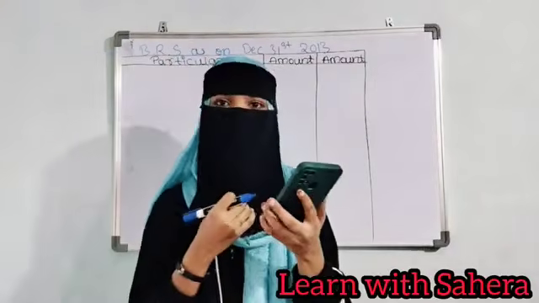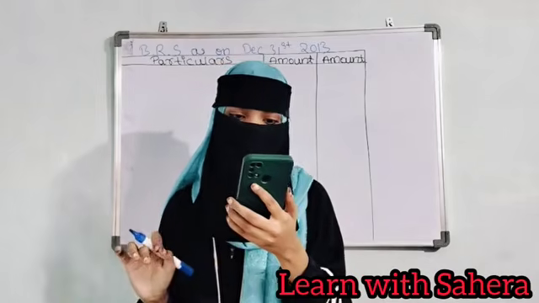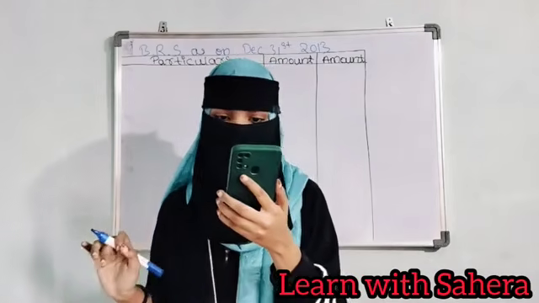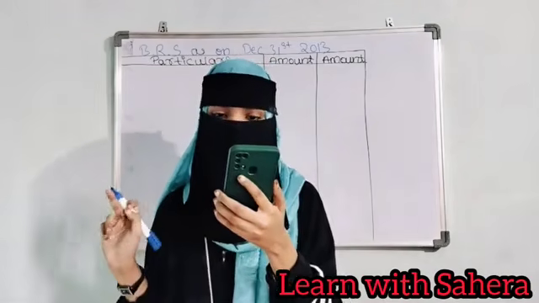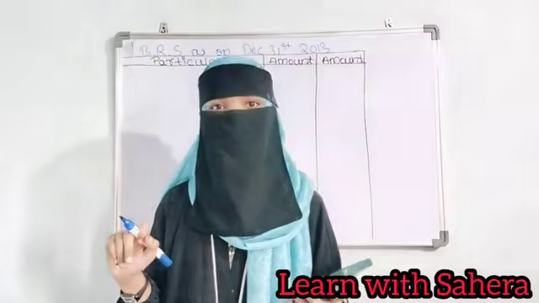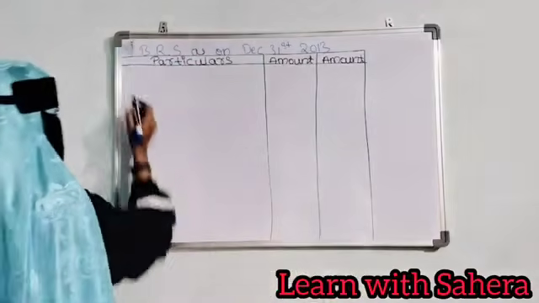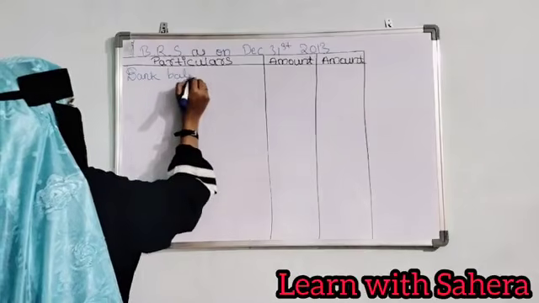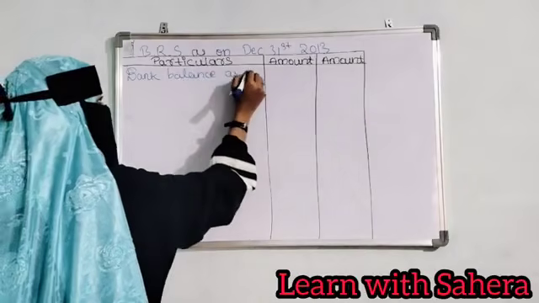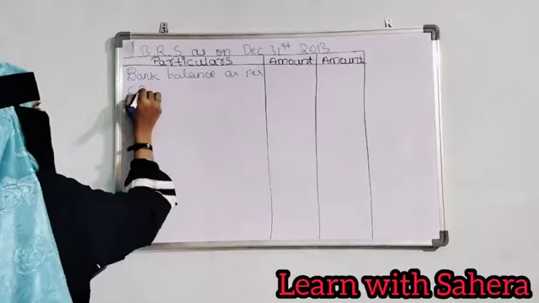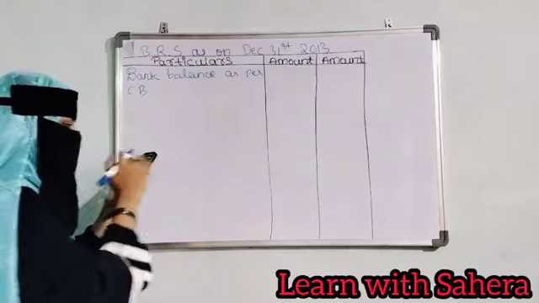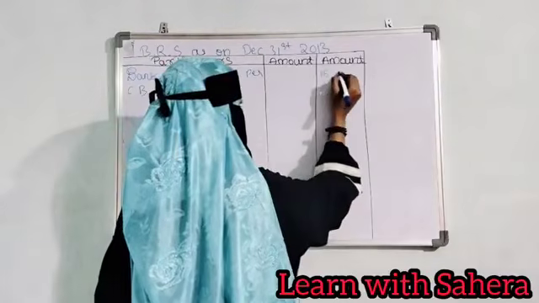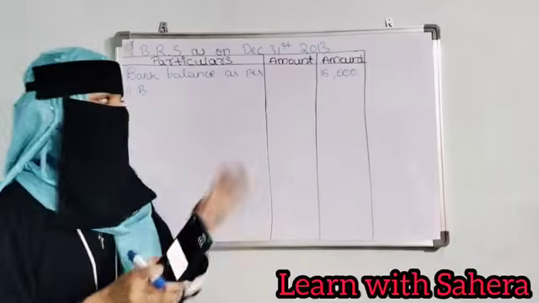Now let us go with the transactions. Bank balance as per cash book on 31st December 2013 was 15,000. Here we need to write bank balance as per cash book, 15,000.